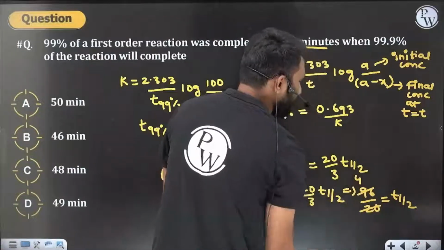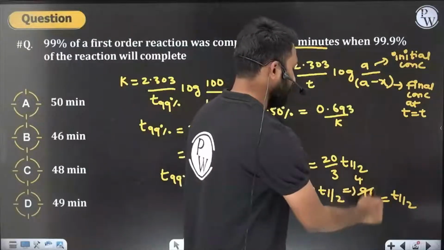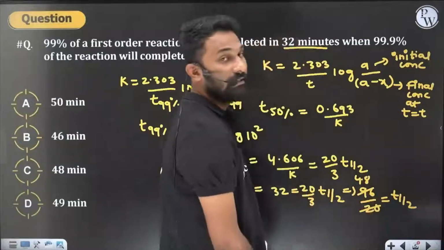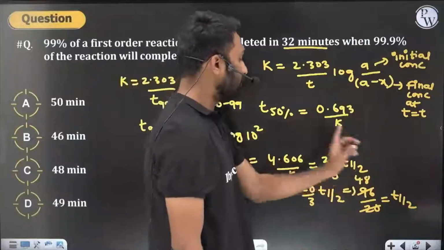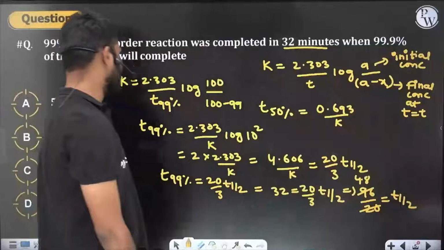4 ja. Now the leftover will be 16. 16 means 80. 4.8. Now T99% T of is 4.8.